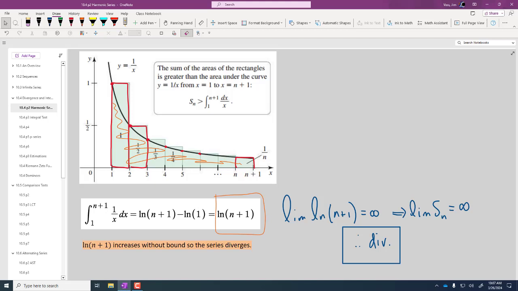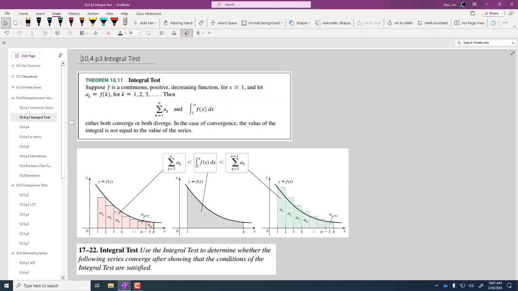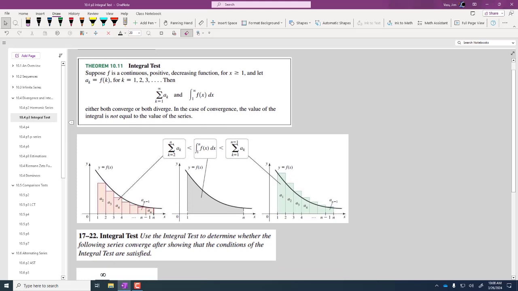So smaller than convergent converges, bigger than divergent diverges. That's going to be another strategy that we're going to use quite a bit. It's basically the squeeze theorem.